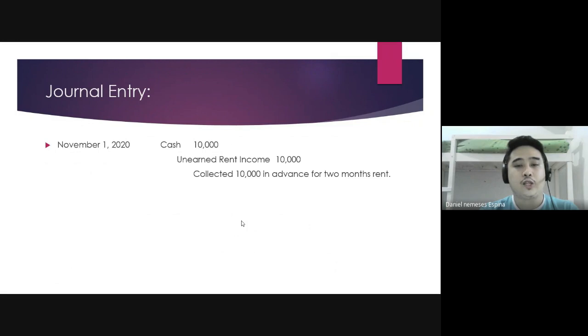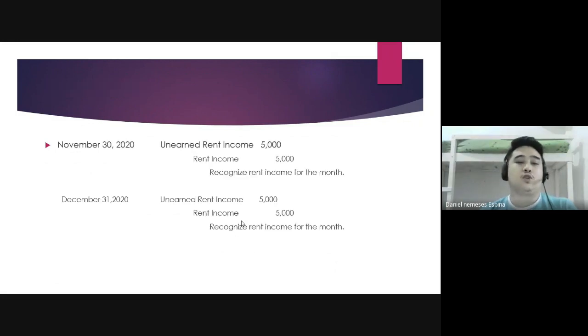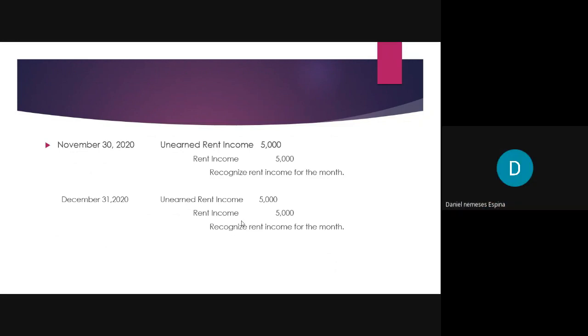So you collected 10,000 in advance for 2 months rent. So pag abot sa November 30, you have to recognize an income because 1 month has already passed. So you now need to decrease the unearned rent income. So debit kag unearned rent income 5,000 and then you credit rent income 5,000.